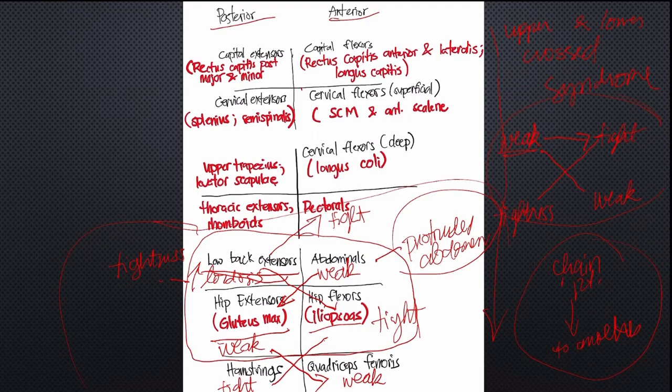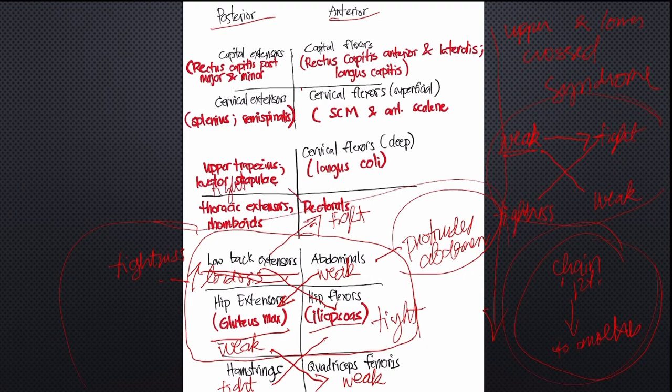So we can also say that an individual having a lower crossed syndrome will also have upper crossed syndrome later on if it's not corrected, because again, our body is like a chain. What happens down will go up and also further down. Opposite to the pectorals, your upper traps and levator scapulae muscles are also tight.